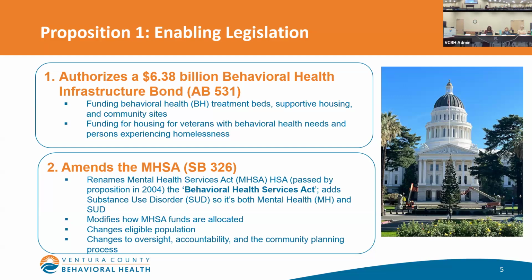The second part, SB 326, renamed the MHSA to BHSA, which is really just an asterisk, because what it really did is much more fundamental in terms of updating the funding categories, the eligible populations, and the related oversight requirements. So today we're going to focus on BHSA and what the changes mean for Ventura County. Next slide, please.